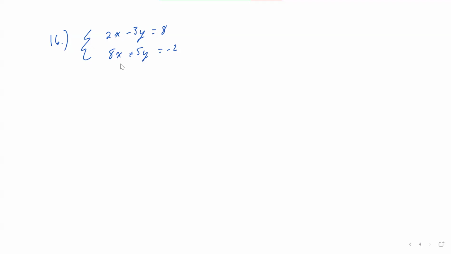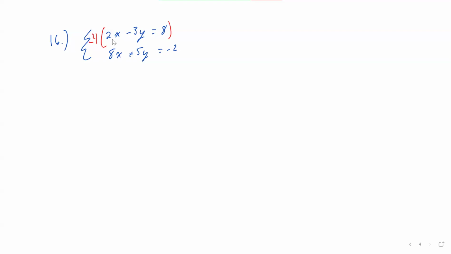Now, when I look at this, 2 can easily become an 8 if I just multiply it by a 4. But if I just multiply it by a 4, it'll give me another 8, and 8 plus 8 is 16. So I want it to be able to add to eliminate. So I'm going to make it a negative 4, so it produces a negative 8.